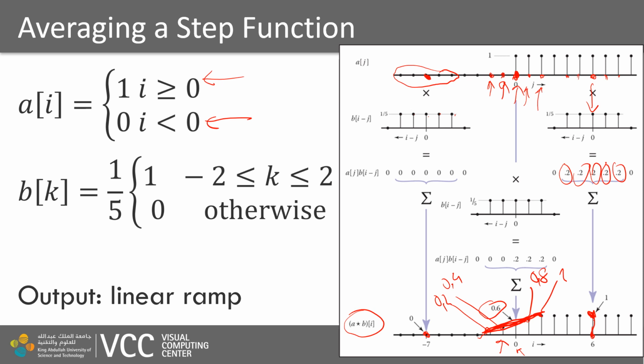If you can see that, 0.2 is the increase between the samples. We have created here with this averaging a linear ramp, not just an arbitrary change from 0 to 1, as we would expect from such a smoothing filter, but actually a linear increase. And this is interesting, and we will look at it at some later point.